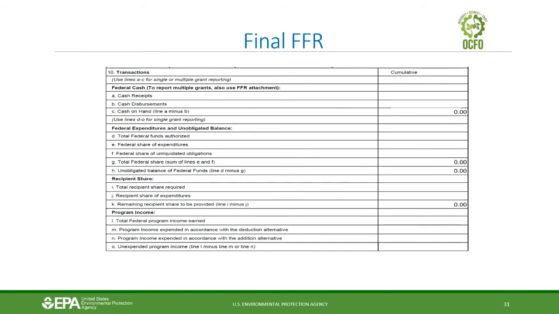For instance, to keep it simple, you have a 20% cost share: 80,000 federal plus 20,000 recipient equals 100,000, times 20% is 20,000. That's how you determine if you met your cost share.